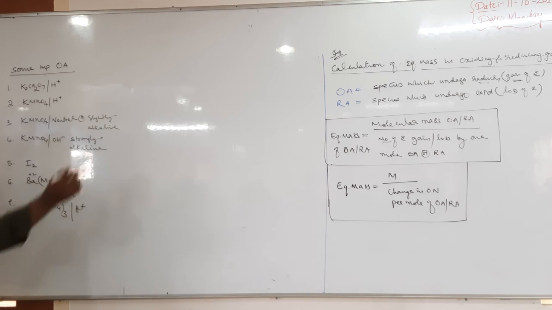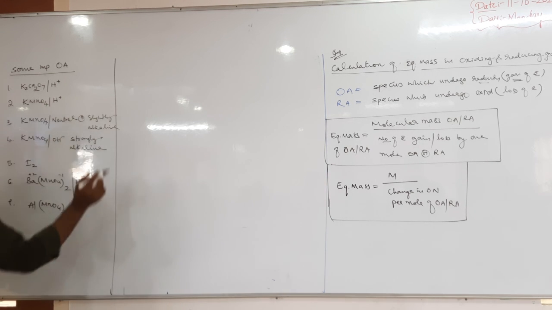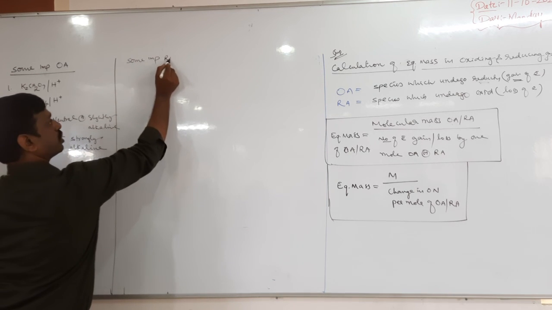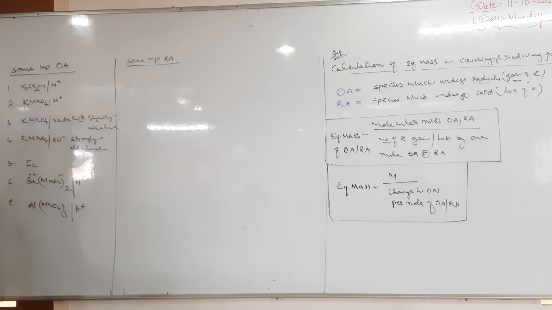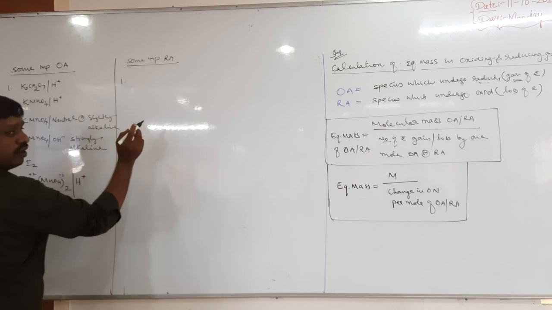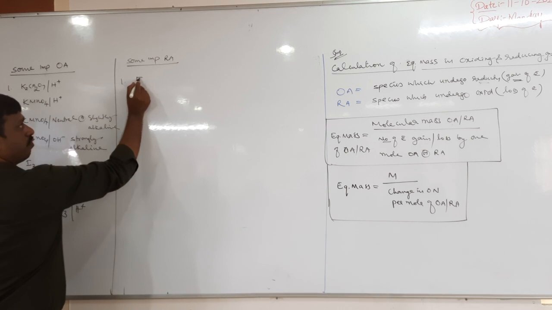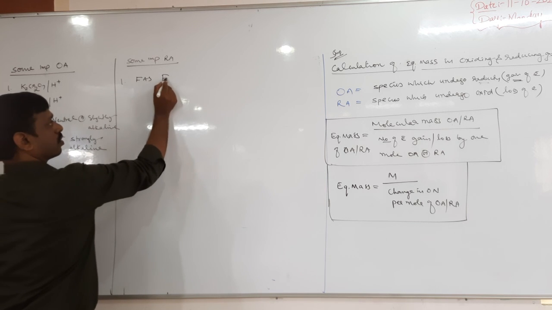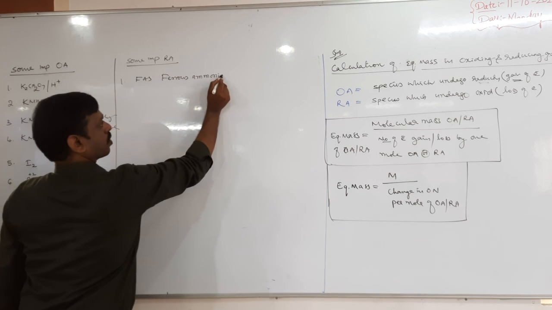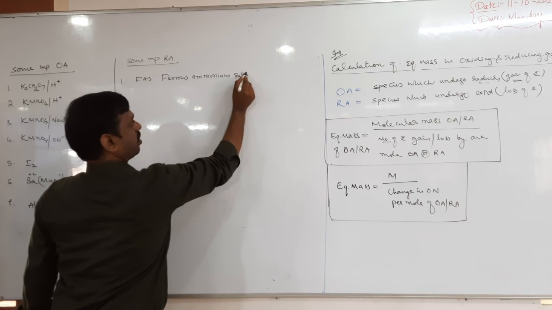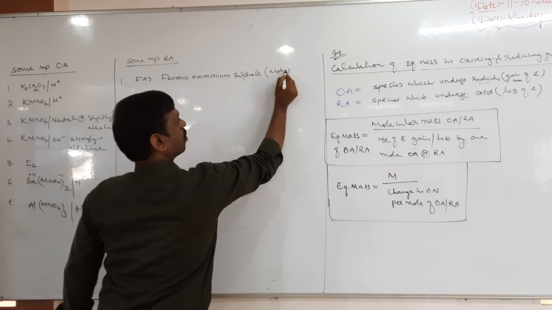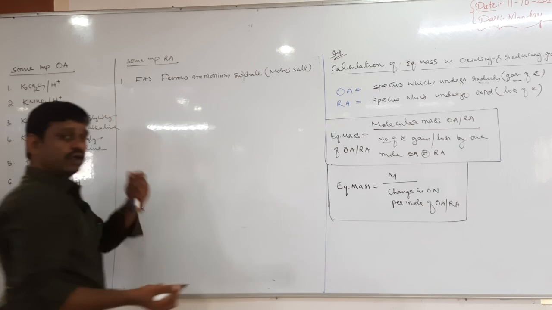Okay. Next, some important reducing agents, right? We have studied in volumetric analysis, 1, FAS, ferrous ammonium sulfate, which is also called Mohr's salt.